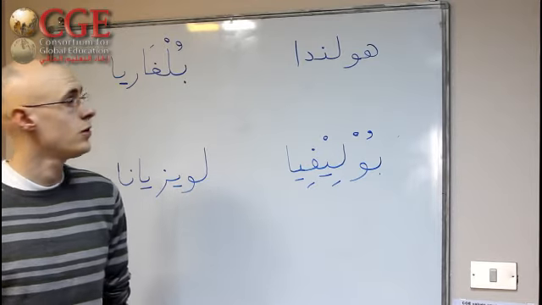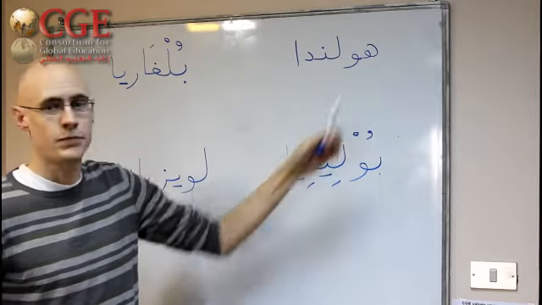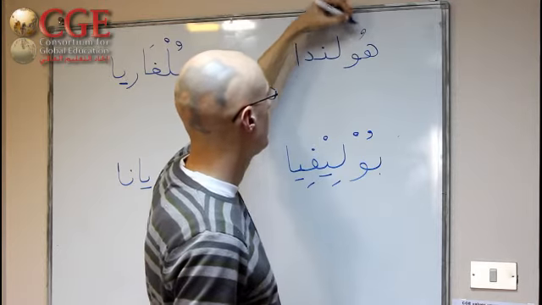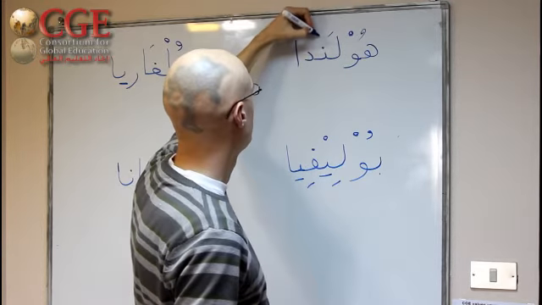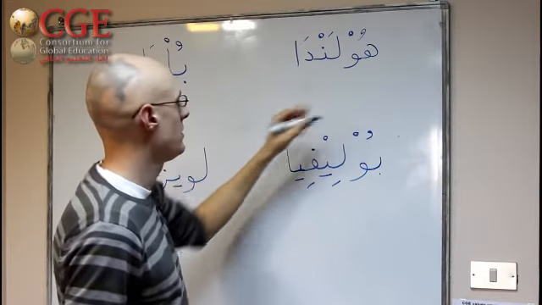Okay, we've got 4 more locations for you. Let's start with the first one. We've got a long U vowel. So, what's that symbol?